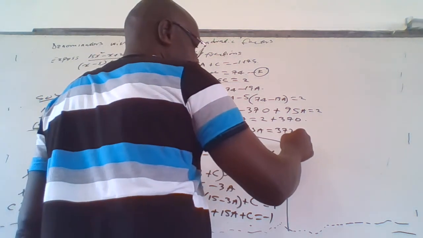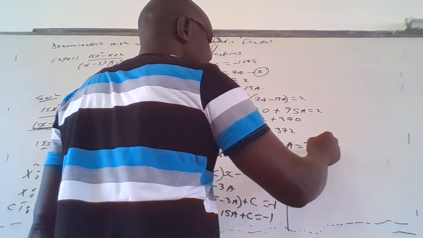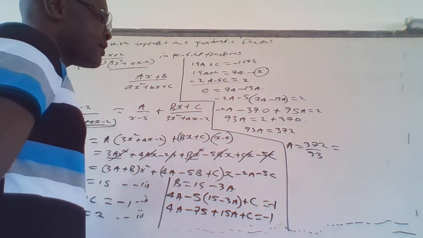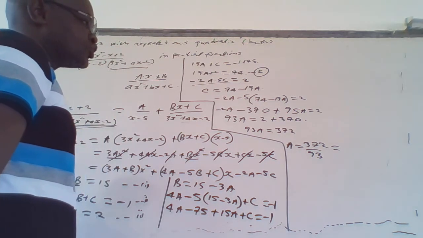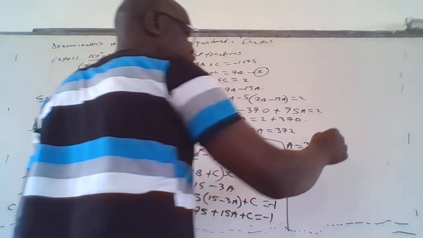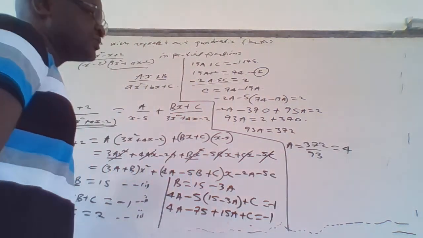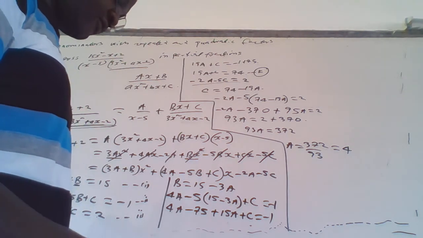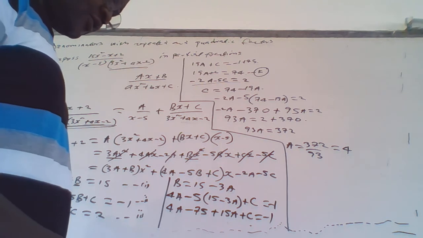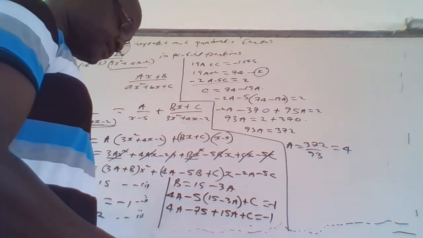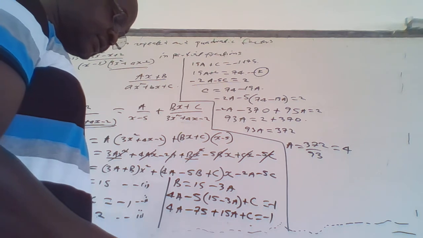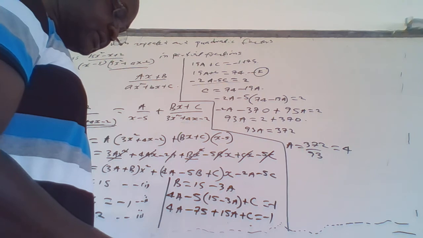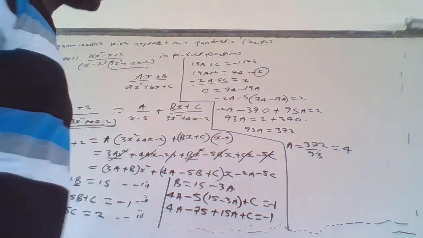So a equals 372 over 93, which equals 4. When you divide 372 over 93, then we have 4. You can confirm that 372 divided by 93 is equal to 4.